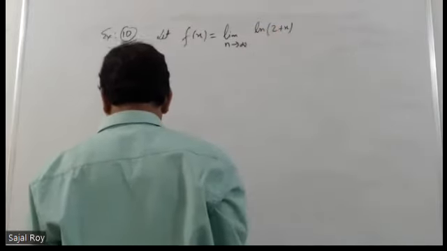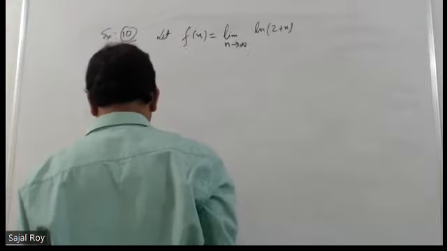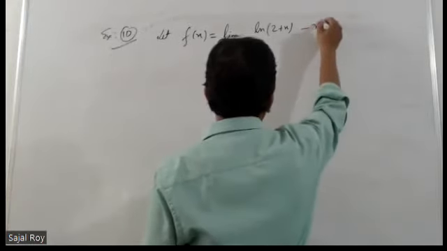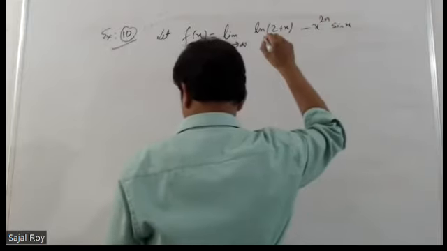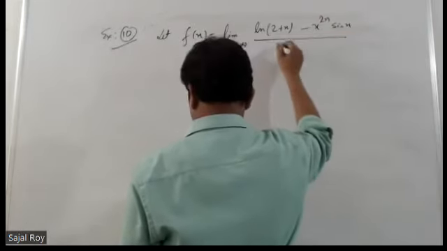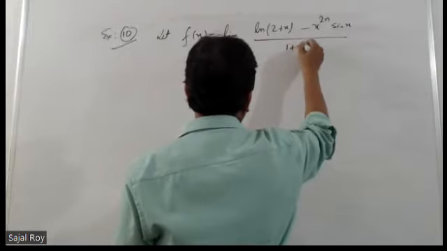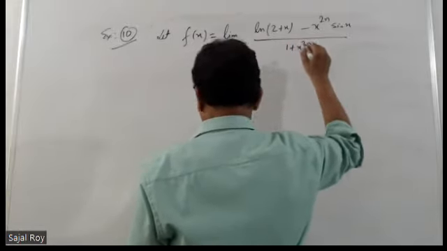Let f(x) equal limit n goes to infinity of ln(2 plus x) minus x to the power 2n times sin x, over 1 plus x to the power 2n.